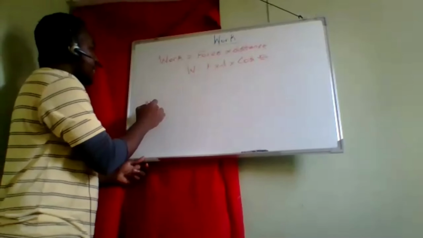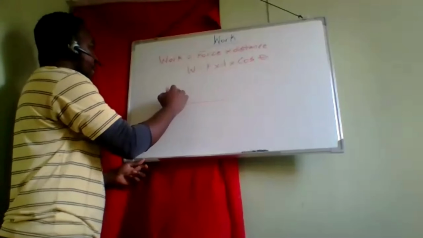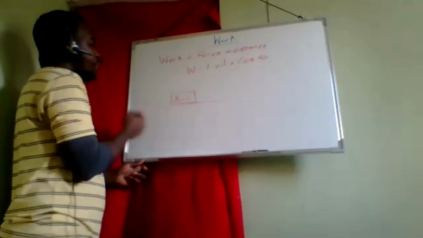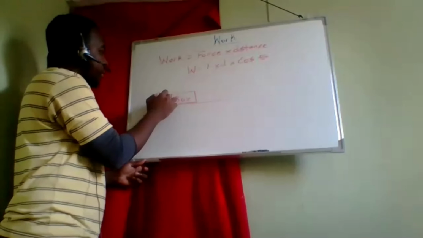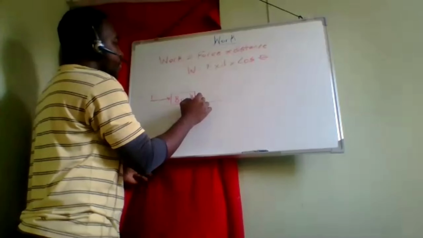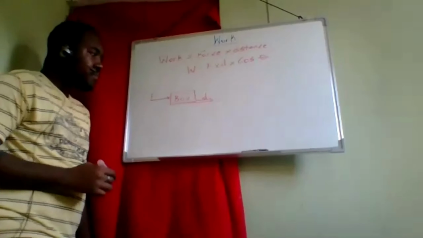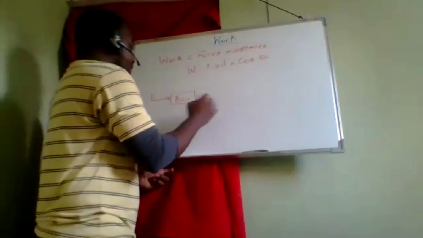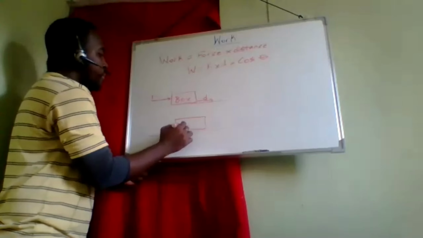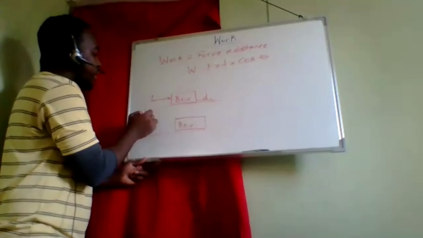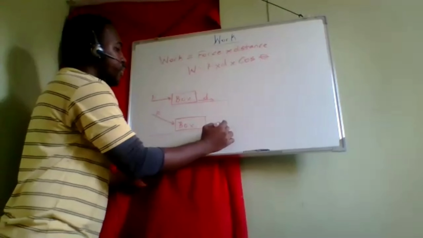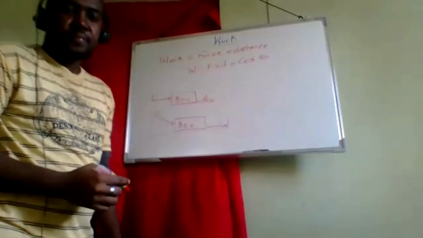So let's look at that part. Let's say we're pushing on a box that's horizontal. This is your force, and it's going to move a distance d. Compared to the same box, but now we're pushing on the box at an angle with a force, but it's moving in that direction.